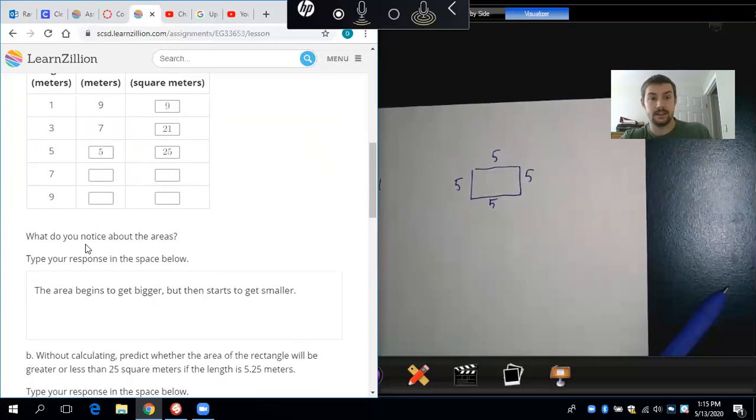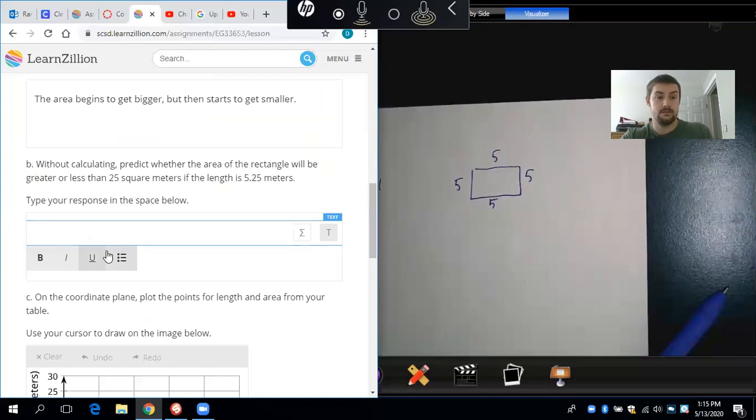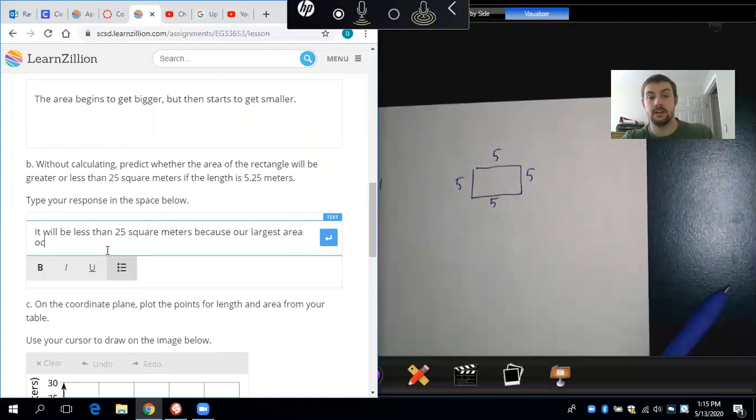Well, our biggest area is 25 when the length and width is 5. So it will be less than 25 square meters because our largest area occurs when the length and width are 5.